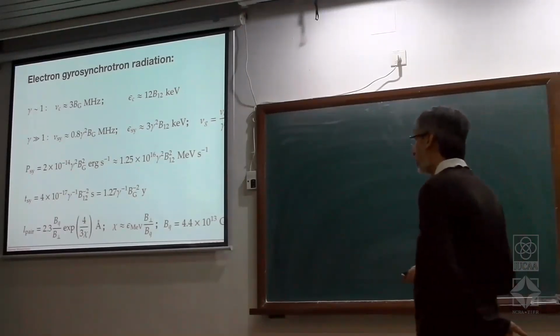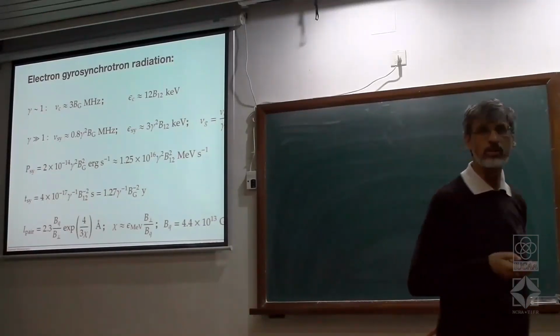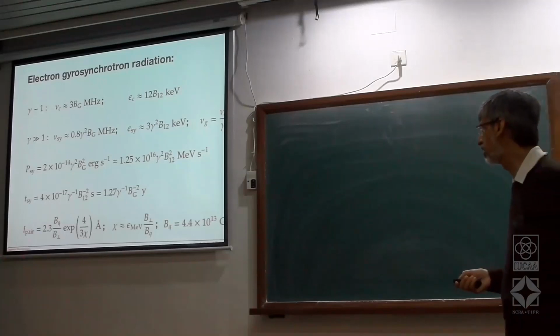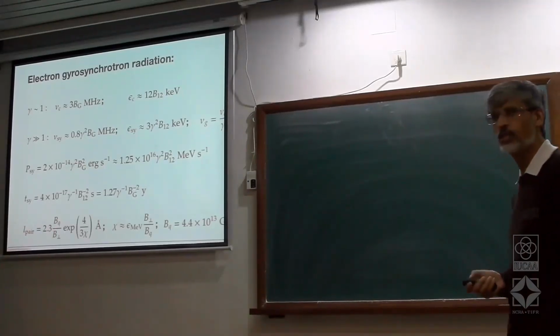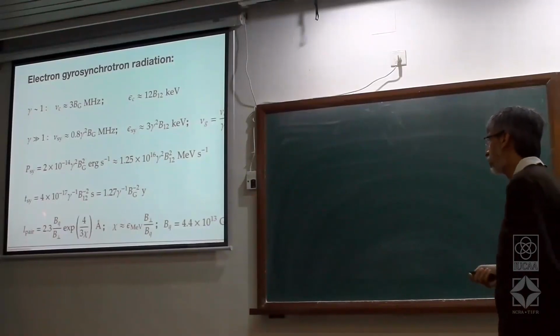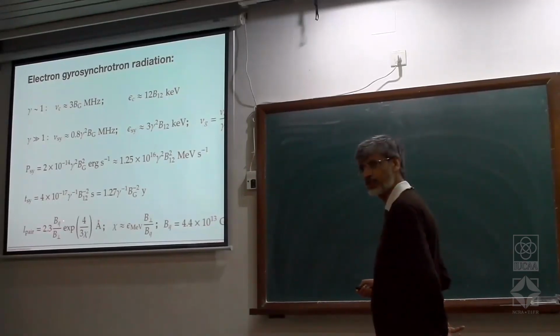So how far will the photon have to propagate to be able to generate pairs? That is the mean free path of the photon before pair production. If you put in the numbers, this is 2.3 angstroms, the distance it has to move.